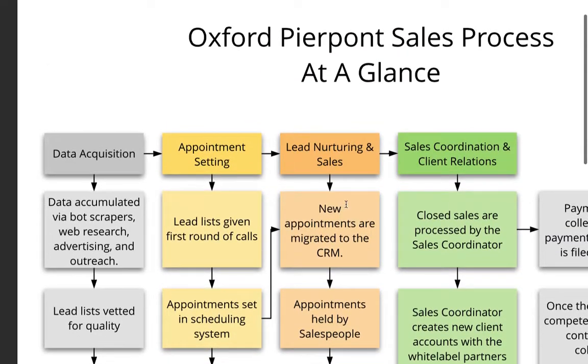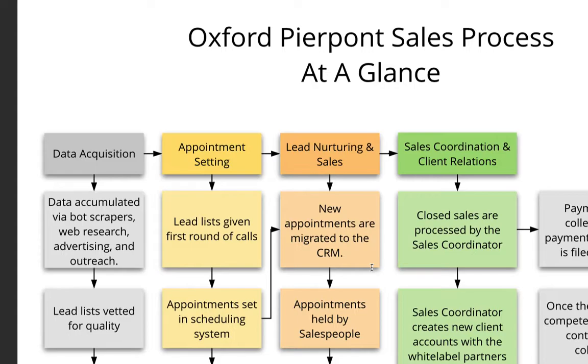Now, after all of this happens, that's when it kind of goes over to the salesperson. So the salesperson is basically responsible for turning the appointments into clients, so long as they show up. So new appointments, in addition to being sent to the scheduling system, they're also simultaneously sent to our CRM.